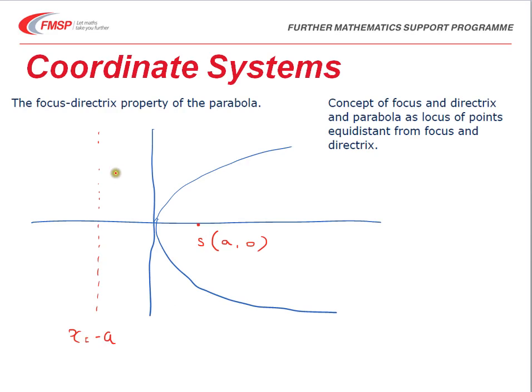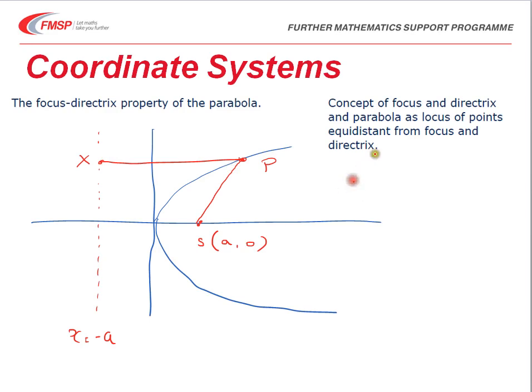You are also expected to realize that the focus-directrix distance property is such that for any point P on the parabola, the distance from S to P is equal to the distance from P to the directrix.